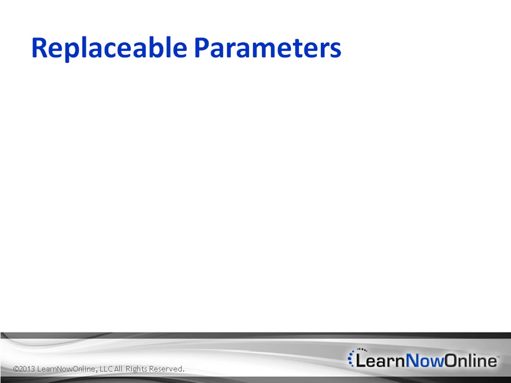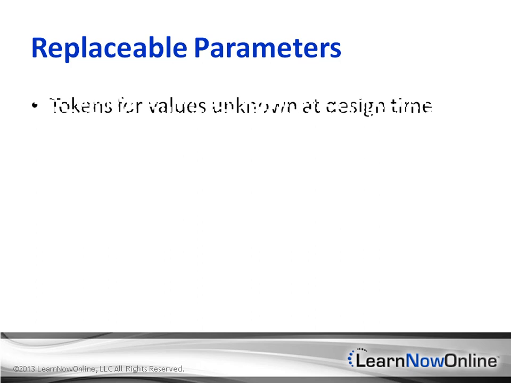What Visual Studio does, though, is it gives us this concept of replaceable parameters. It lets us use tokens for values unknown at design time, and when the solution is being built, the replaceable parameter token gets replaced.